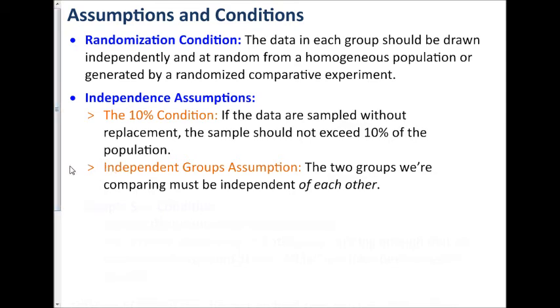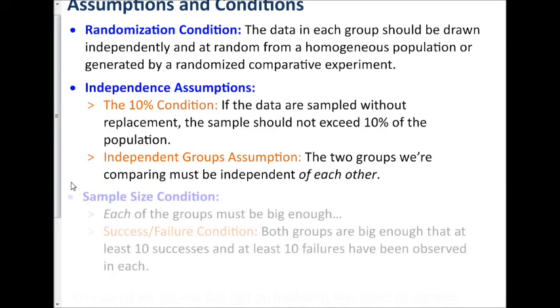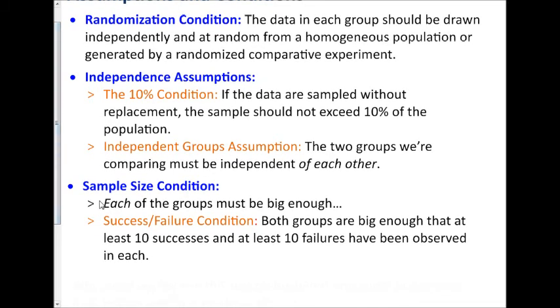Group A has to be completely independent from Group B. In other words, the group that receives the placebo has to be completely independent from the group that receives the treatment. Absolutely a must.